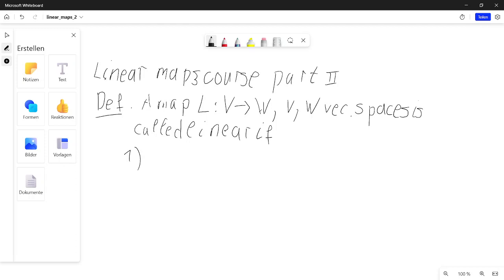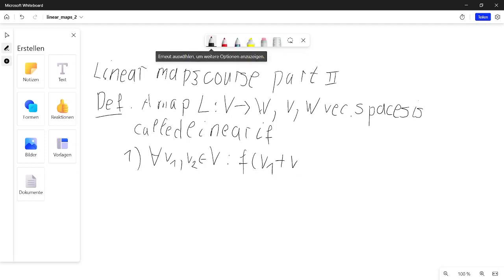the following two conditions have to hold for all v1, v2 in V. We have to have that the application of L to the sum of v1 plus v2 is exactly the sum of the evaluations of L at v1 and L at v2.